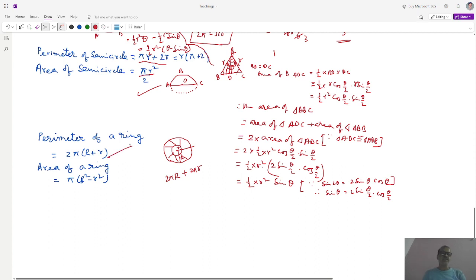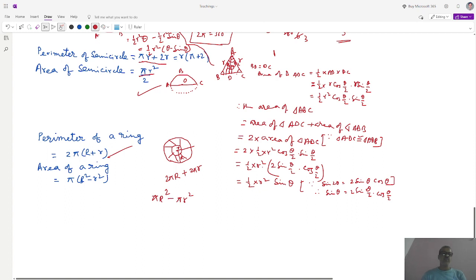This is the perimeter of a ring. And the area of a ring: the outer circle area will be pi capital R square, whereas the inner circle area is pi small r square. The inner side is the hollow, so this area is to be subtracted from the total area, and we will get pi capital R square minus pi small r square.